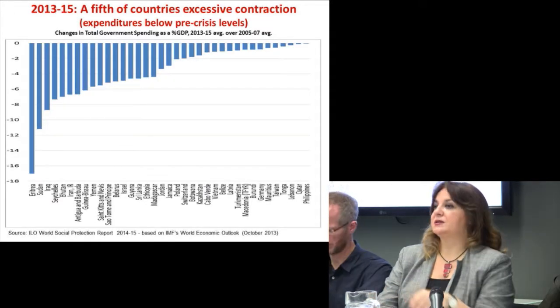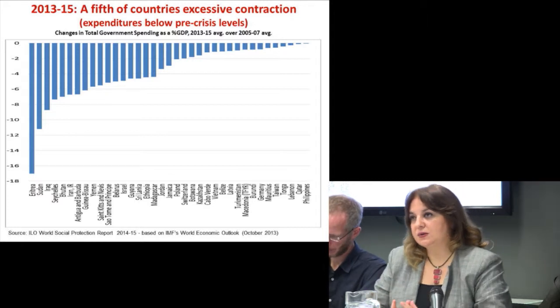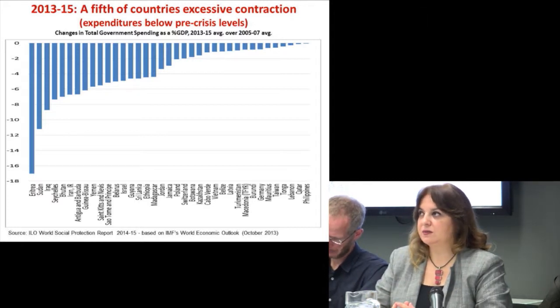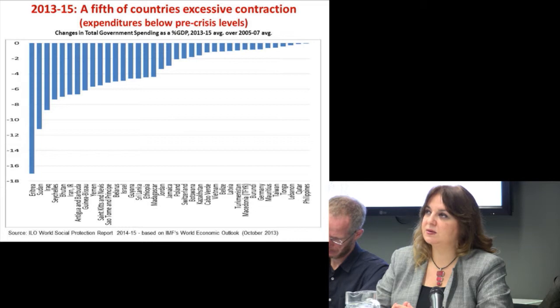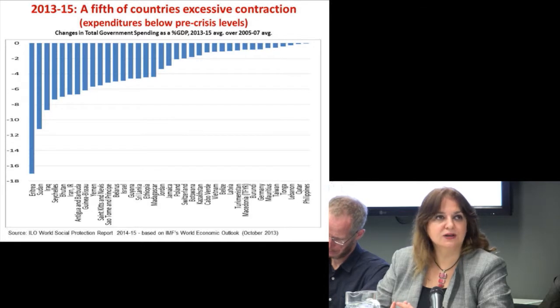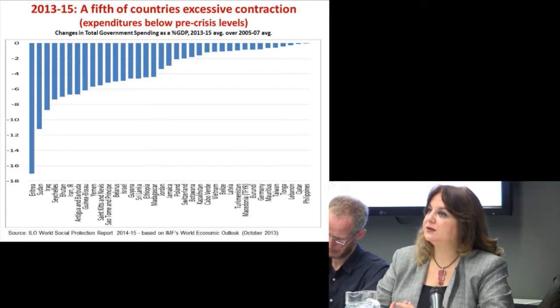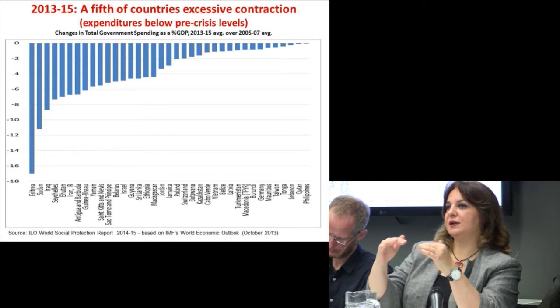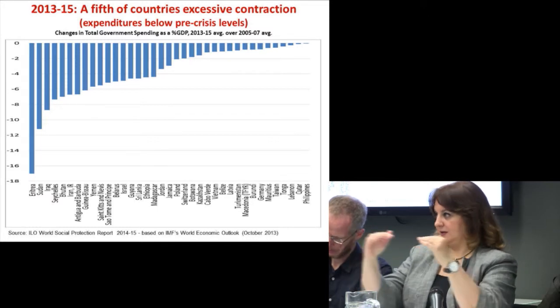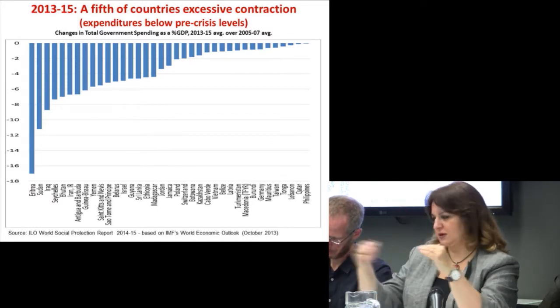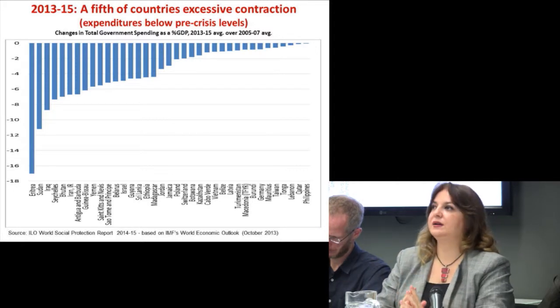Now you'll say, yes, they might be cutting, but perhaps not a lot. Well, unfortunately, some of the amounts are very large, and about a fifth of all countries are undergoing excessive contraction, and we define that as expenditures going below pre-crisis levels.